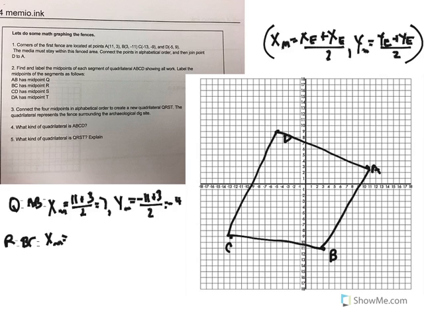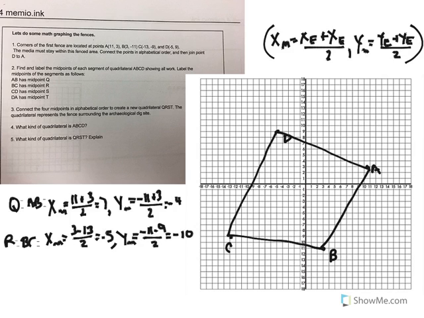So then I need to find the midpoint R, which is the midpoint of the line BC. So I get X midpoint equals (3 minus 13) over 2, which gives me -5. And then I need to find the Y midpoint, which is (-11 minus 9) over 2, which gives me -10.